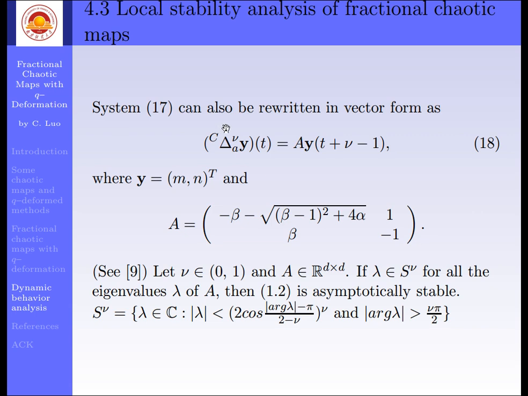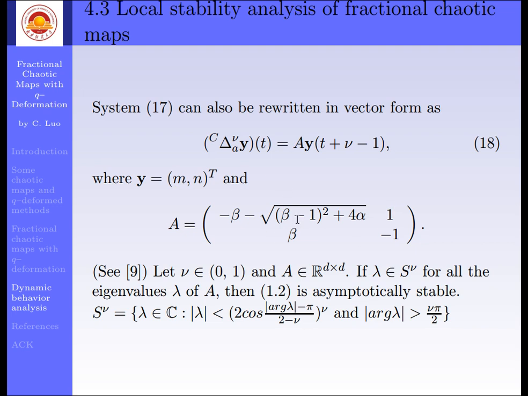System 17 can also be rewritten in vector form as equation 18, where y is a vector and A is a coefficient matrix. Indirectly, we will study the stability of the linear difference equation.